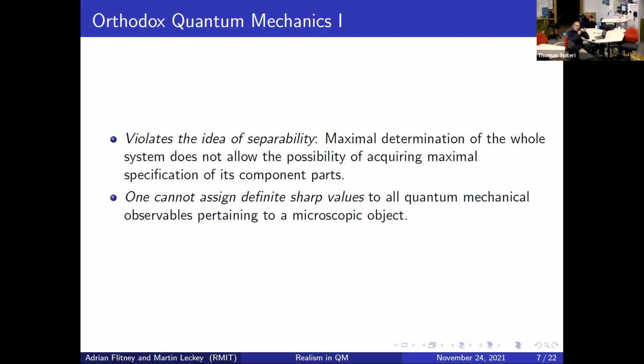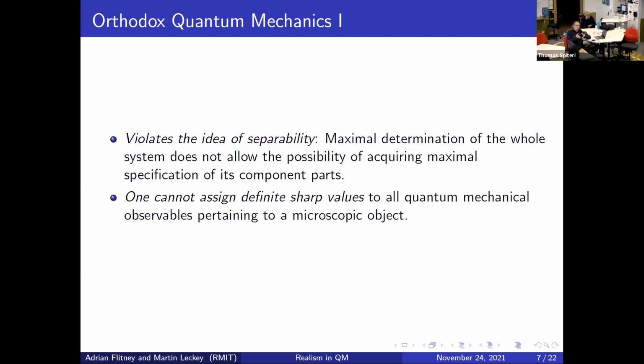Yet we can't infer from that the spins of the individual electrons. All we know is that once I've measured one, I know what the other one is. But until I've taken that measurement, I have no idea what the spin is. It's spin half, but I don't know the direction of the spin. So the maximal determination of the whole system doesn't allow us to acquire all the information about the component parts.